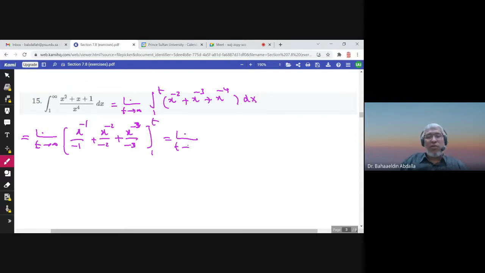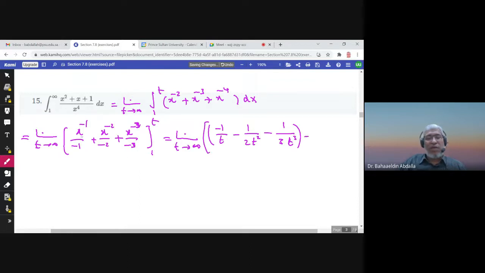So it would be the limit when t approaches infinity of negative 1 over t, minus 1 over 2 t squared instead of x squared. I'm taking everything down to make the power positive and replacing x by t at the same time. Here I have negative, the 3 is below, and I'll have t to the power 3, minus.